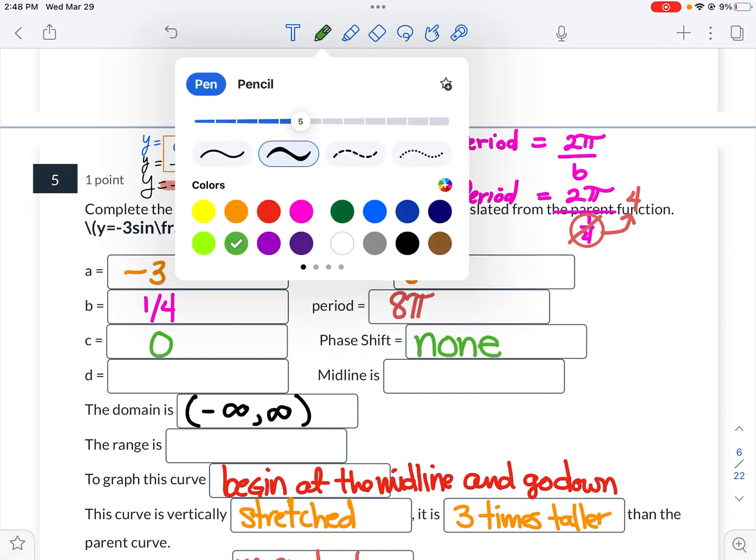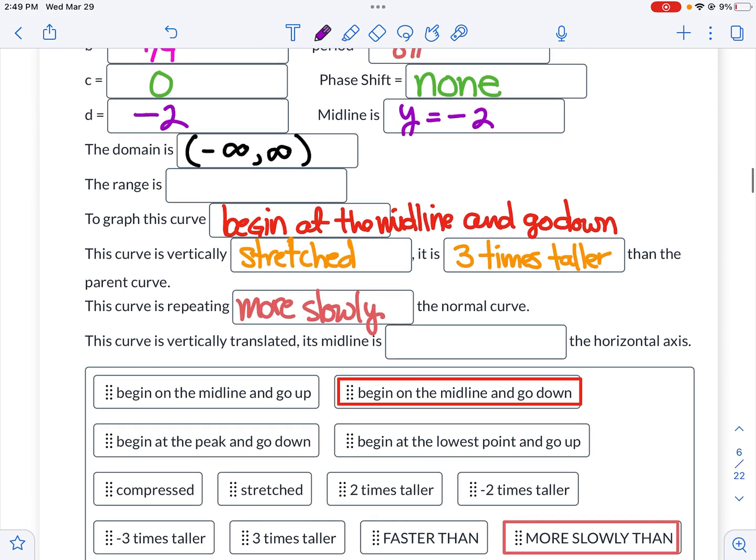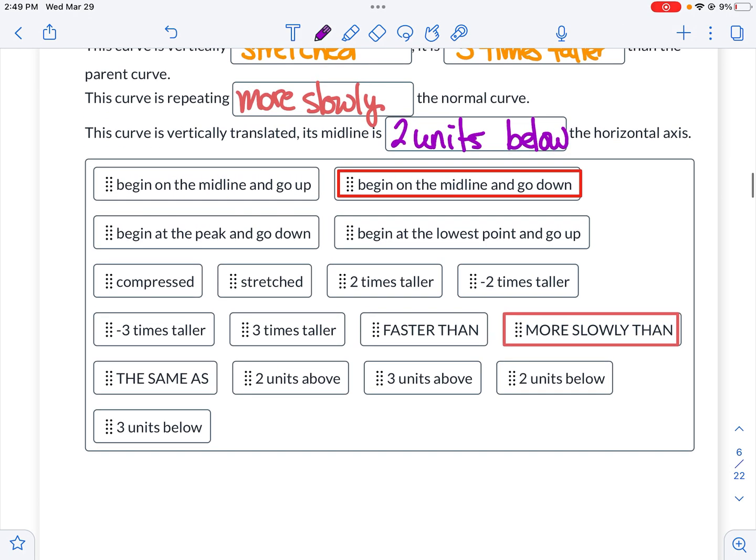And D is -2. So this is y equals -2, and that means it is 2 units below.